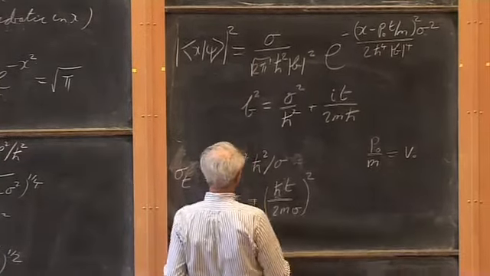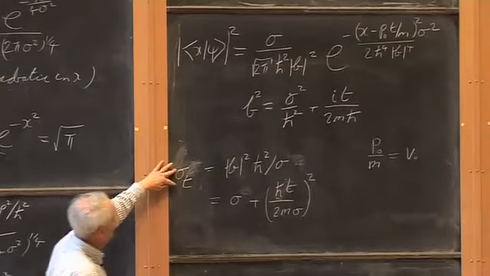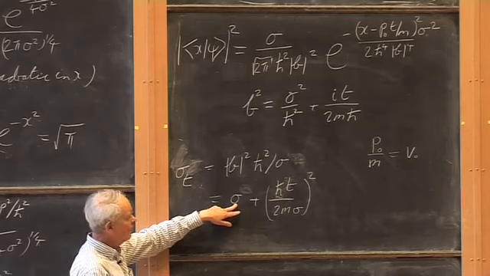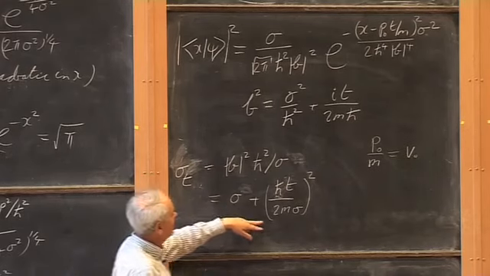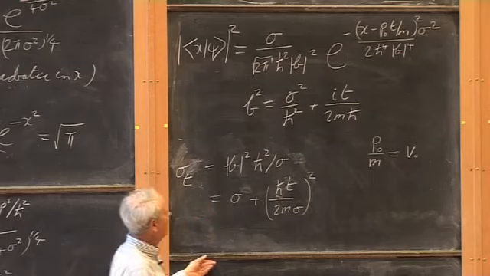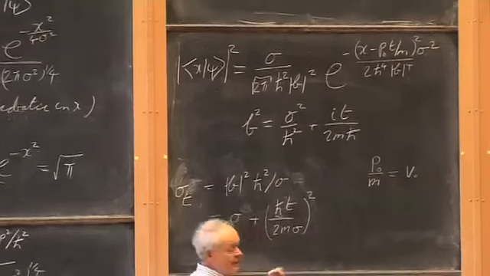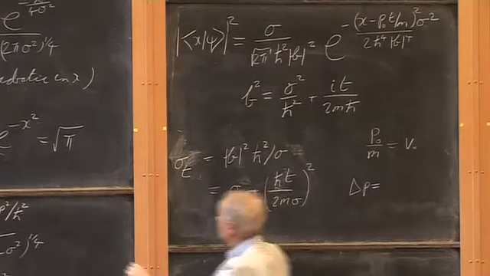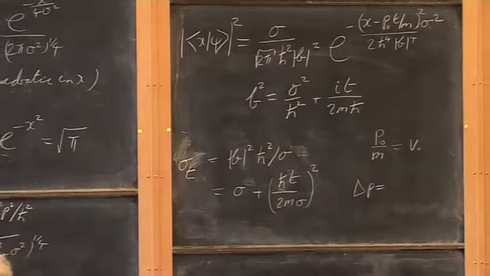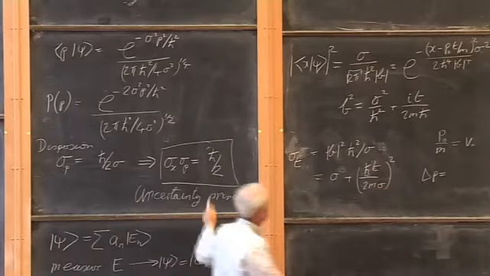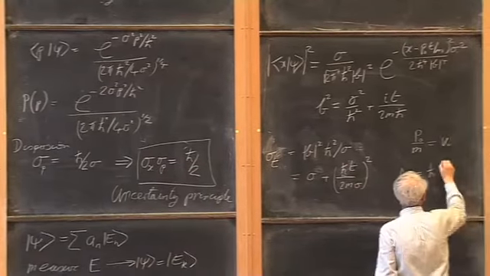So what have we got? We've got that the dispersion at time t is equal to the original dispersion at time t0 plus this extra bit here. And what is this extra bit here? What was the original uncertainty? The original uncertainty in momentum from the uncertainty principle here was h bar over 2 sigma.